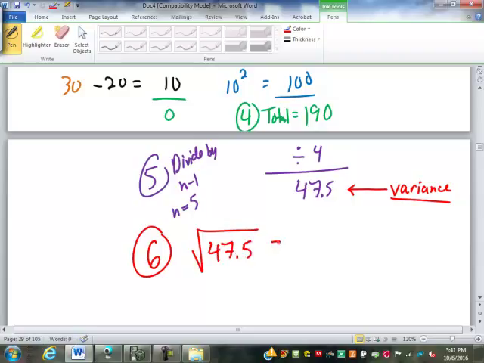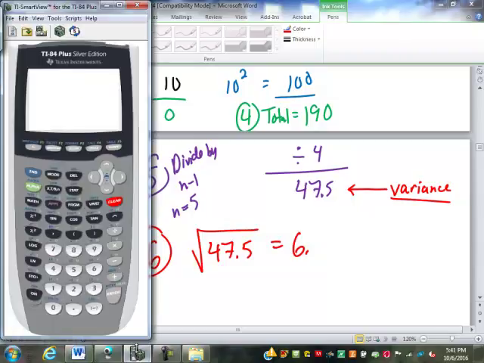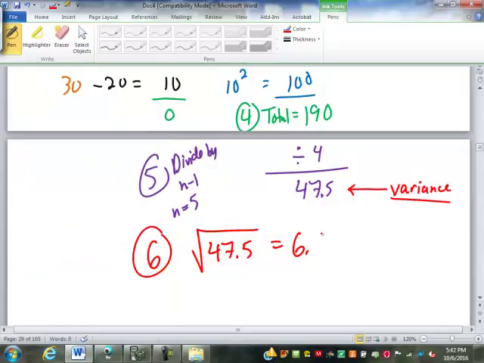Square root of 47.5 is 6.9, approximately 6.8 something. .89. Remember, our rule of thumb for standard deviation is you go 2 decimal places past the data. So this data was all whole numbers.